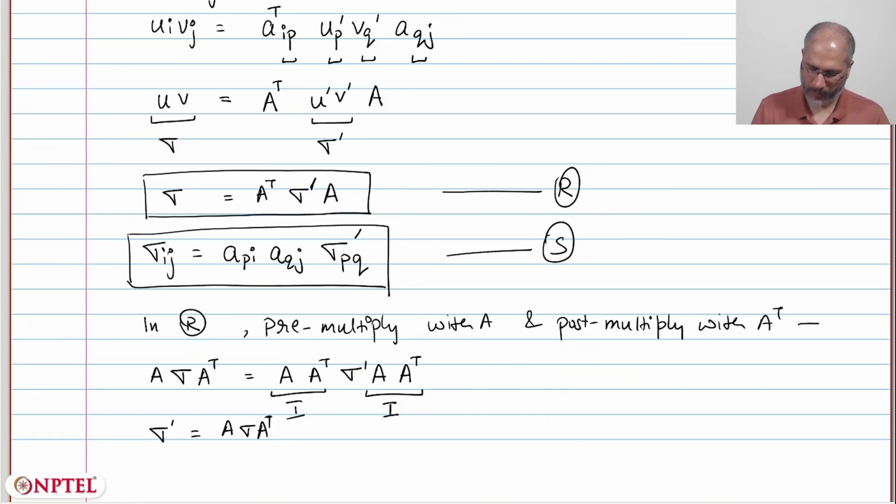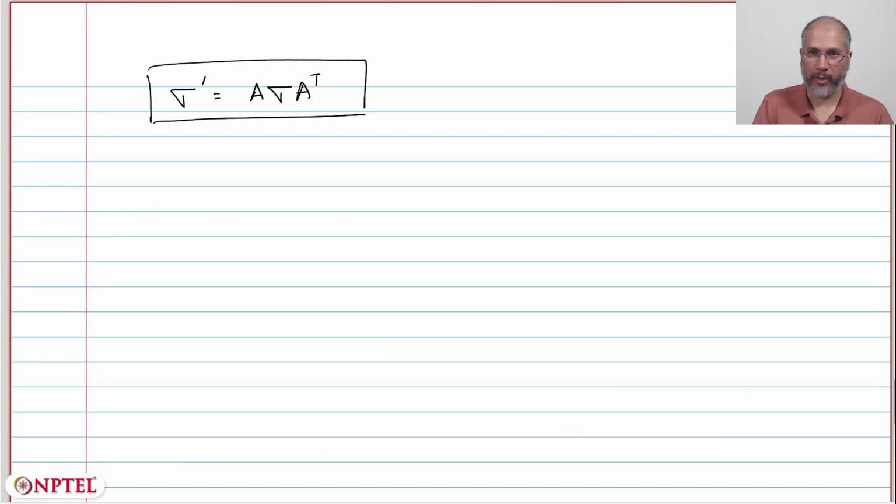A transpose. And if we write this in the index notation, this is the ij component of sigma prime is A_iP sigma_PQ, and because you have an A transpose, that becomes A_Qj of the transpose, so that's A_jQ.